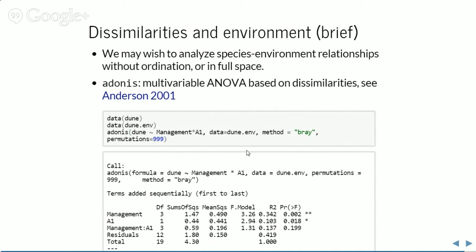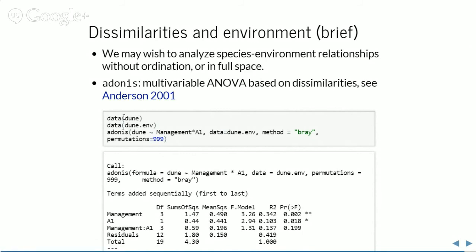But sometimes we might want to look at those relationships, the species-environment relationships, without any ordination, in the whole space. And so the adonis function is one way to do that.